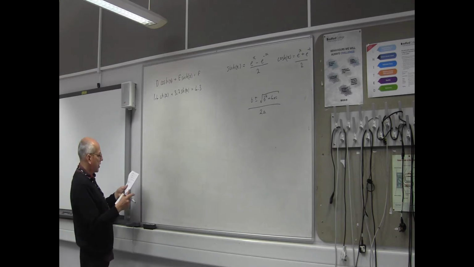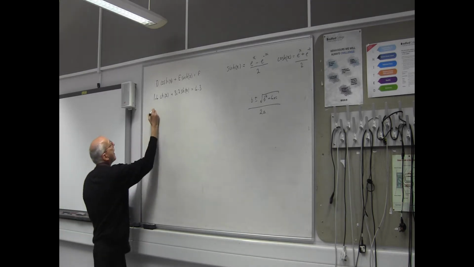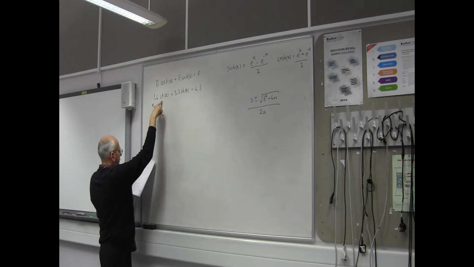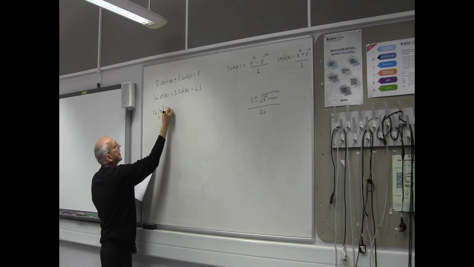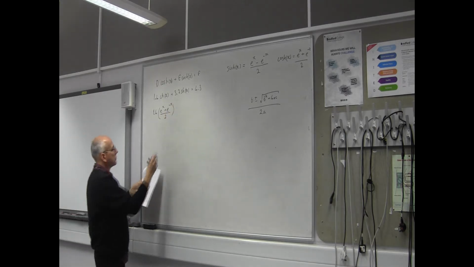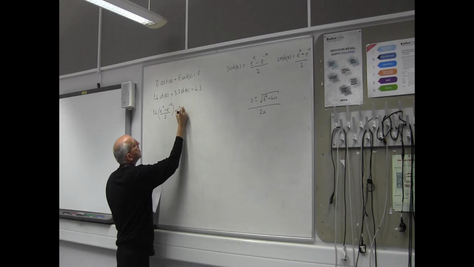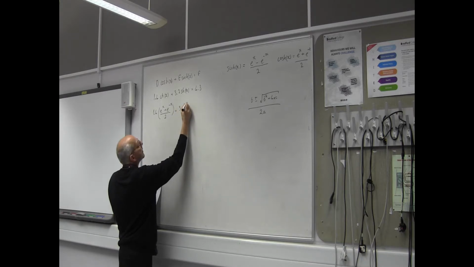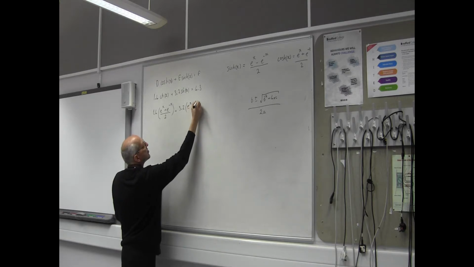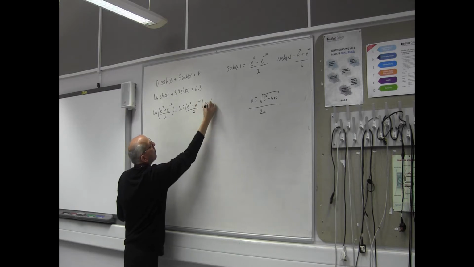So if I substitute those in, I'm going to have 1.4, and then substituting for that, I'm going to have e to the x plus e to the minus x divided by 2, plus 3.2, e to the x, and this time minus e to the minus x divided by 2, equals 4.3.